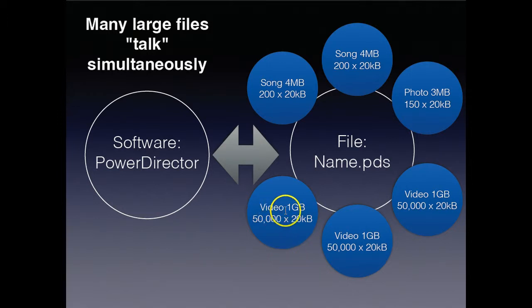For instance, if you look at this one video file, if we assume it's 1 gigabyte, that's 50,000 times larger than one 20 kilobyte file that we might see occasionally working with Microsoft Word. So it's just good to keep in mind that there's a lot of stuff going on. It's taxing on a computer, and we want to make sure our files are organized.